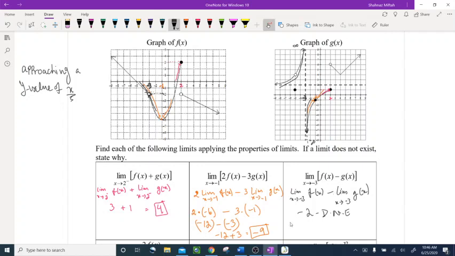We have to state why, we have to give them a reason, because the limit as x approaches -3 of f of x is not equal to the limit as x approaches -3 of g of x. So that would be my answer for this.